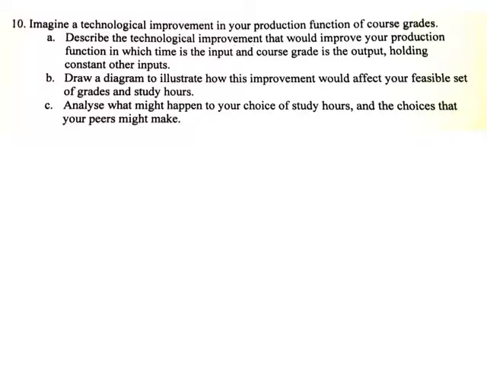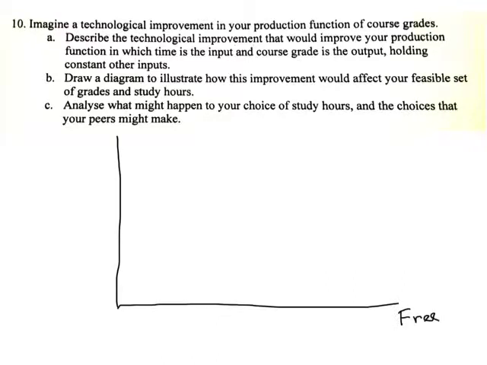Anyway, the way we'd model that, this is part B, we'd model there being an initial feasible set of combinations of free time and course grades. And we can't really change free time because we're not going to change the calendar and suddenly create 26-hour days.